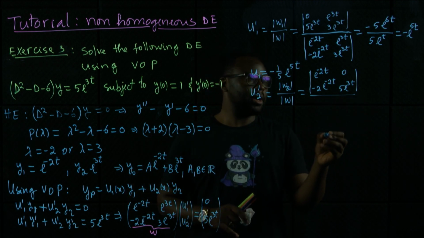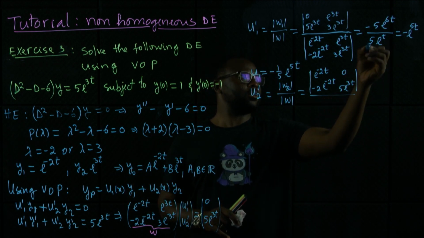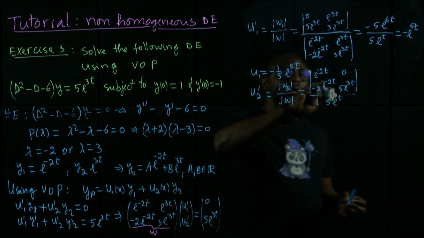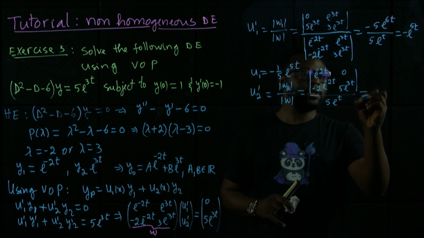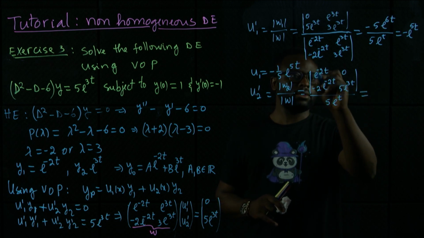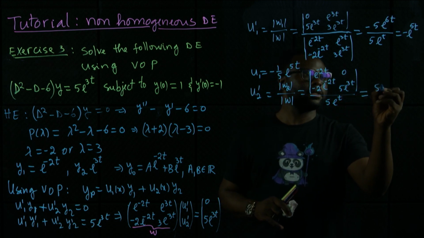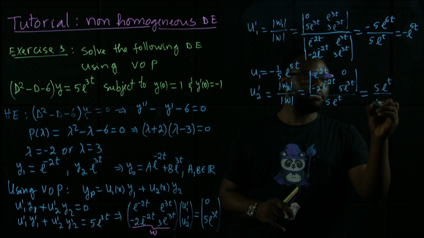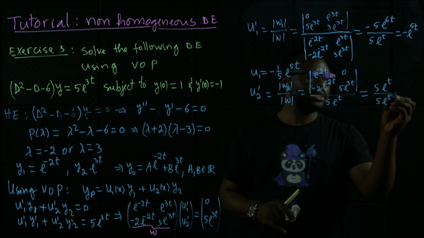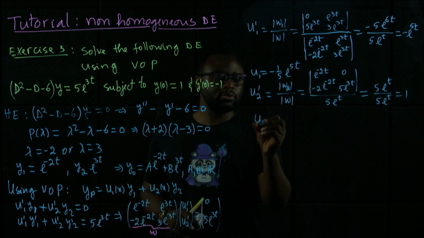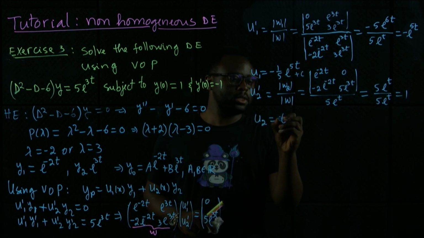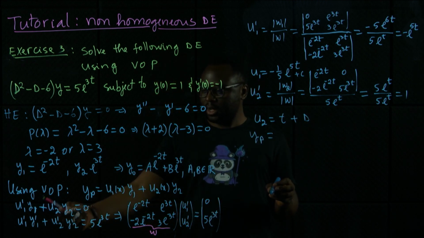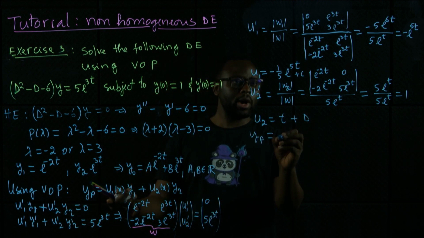All this is divided by omega, which we already computed: 5 e to the power t. So we cross multiply this determinant and have 5 times e to the power t over 5 times e to the power t. This is just 1. So u2 prime is 1, which means u2 is t plus d. All right, yp is given here. So this is u2 y1.